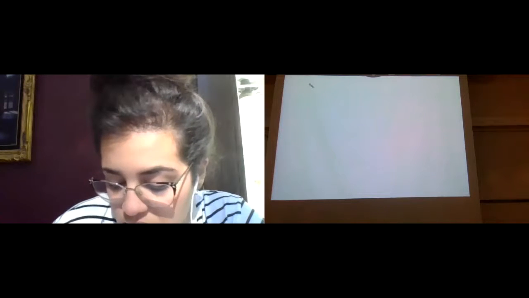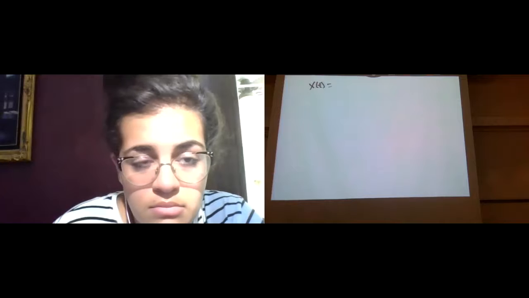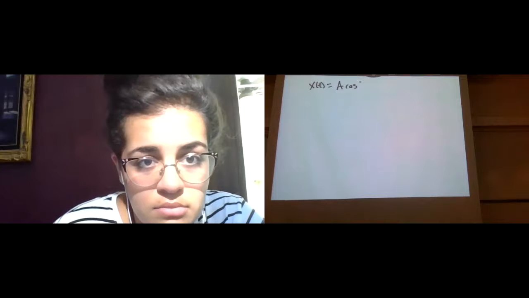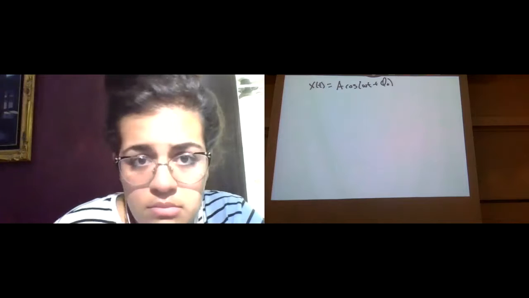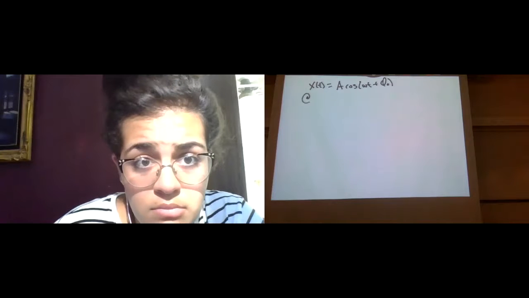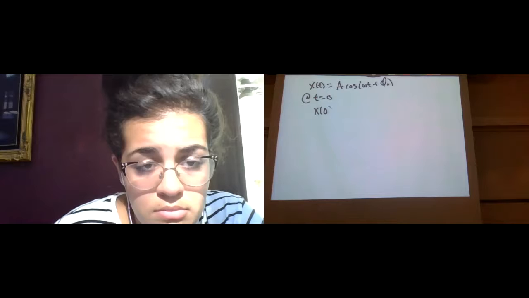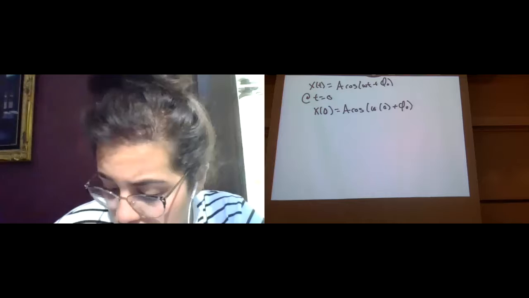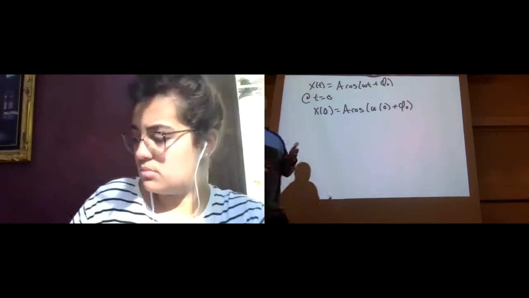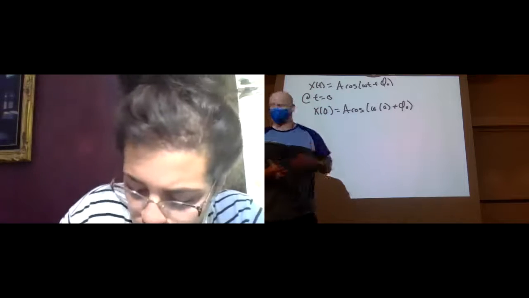To do that, we're going to start off with our general expression: x of t is equal to A times cosine of omega t plus phi 0. Here, what we know is where it is at t equal to 0. So at t equal to 0, we have x of 0 equal to A cosine of omega times 0 plus phi 0. Well, what's anything times 0? 0.